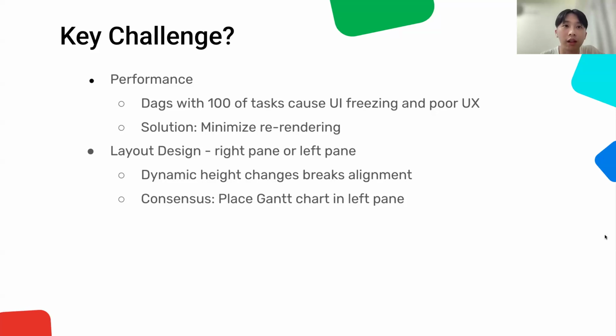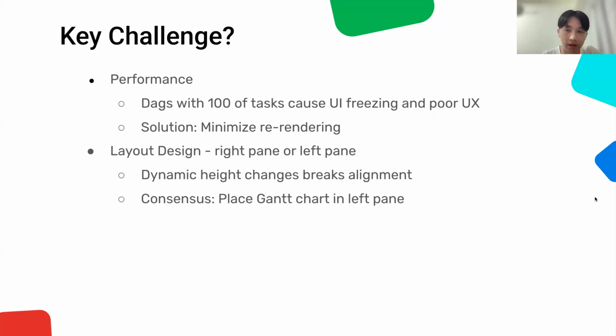The second one is the layout issue. We had to decide where the chart should live, right side or left side. At first, we placed it on the right side like Airflow 2, but because the right pane used responsive web design, which means it would dynamically change the height to fit different screen widths, it could break the alignment between the Gantt chart and the grid view.